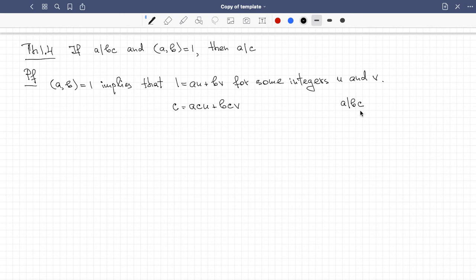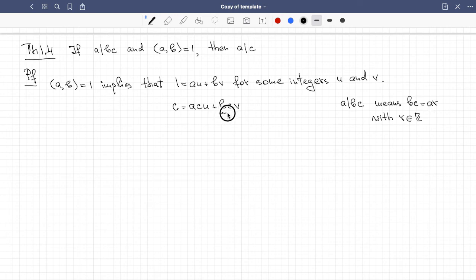By the definition, what does this mean? BC is equal to AR with some integer R. BC is an integer. It's a product of two integers. A is a divisor of BC. BC is A times an integer.